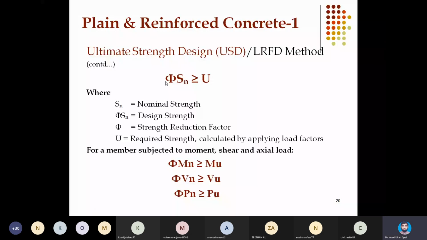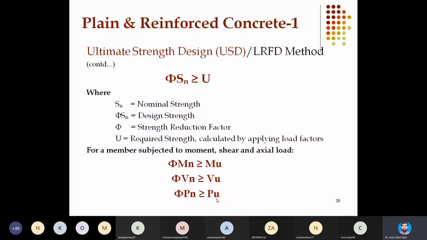So in this way, whether it is moment or shear or load, we can write general equations as nominal into reduction factor should be at least equal to or greater than the applied action, which is exaggerated by some factor of safety.